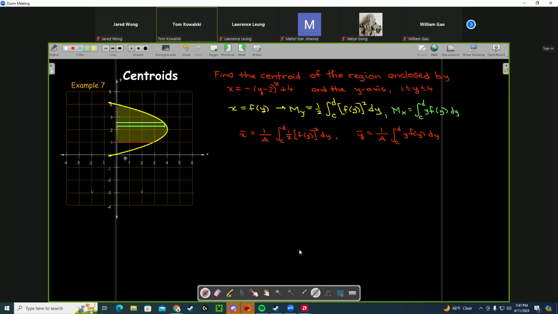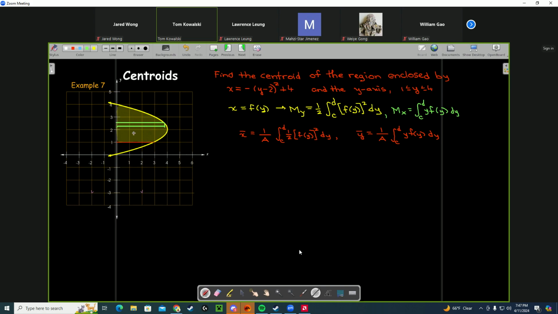And then the moment about the x-axis, again, I'm just looking at this rectangle. It's going to be the y-coordinate of the center of the rectangle, and I'm going to multiply that y-coordinate times the area, which would be f of y, the x value there, x is f of y, times delta y.